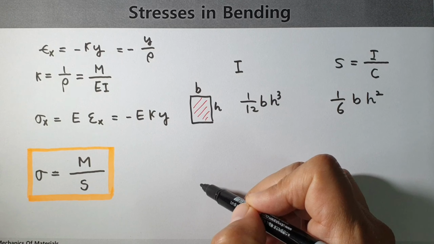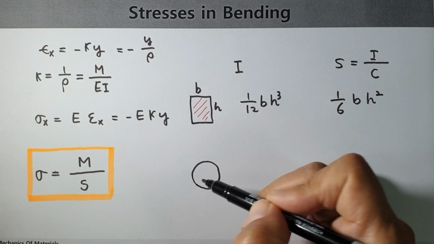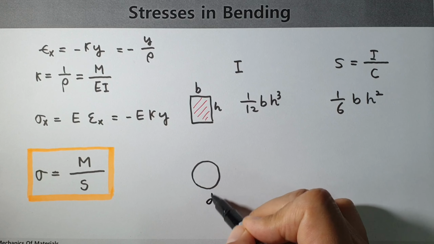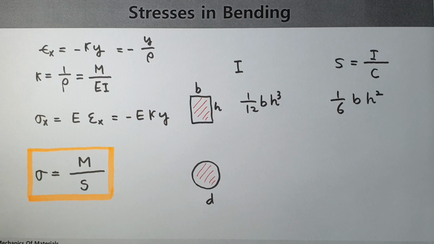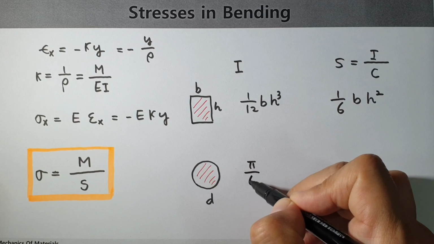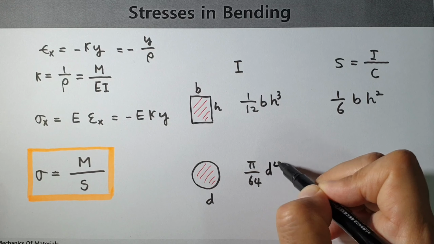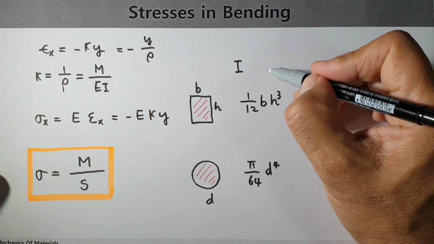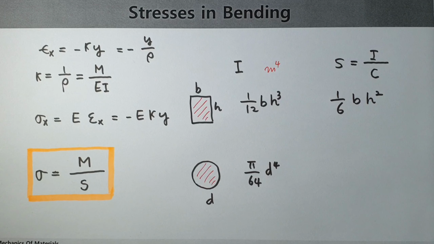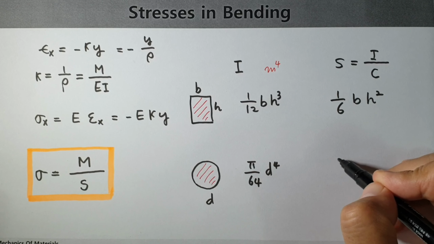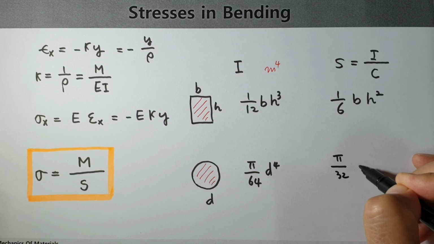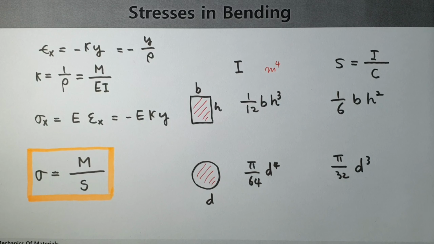Well, when you think about a circle, where the diameter is d and the cross section is a circle, then we can say the I value is pi over 64 d to the fourth. Actually, in this case, the unit is meter to the power of 4. Section modulus in this case is pi over 32 d cubed.